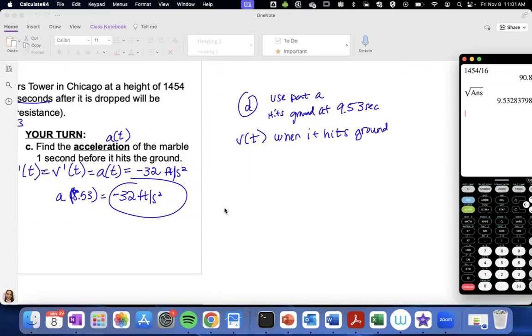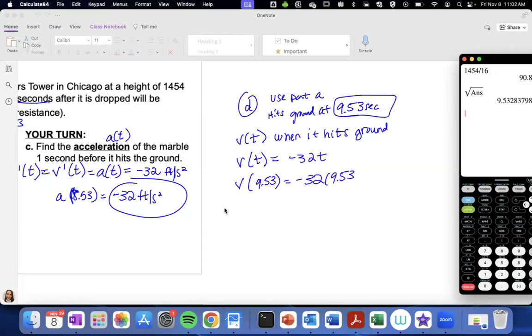My velocity function is negative 32t, right? I find v of 9.53 seconds, right? It hits the ground at 9.53 seconds, so I want to find the velocity at impact. That's your impact velocity. How fast is it going when it splats on the ground, okay? So negative 32 times 9.53.